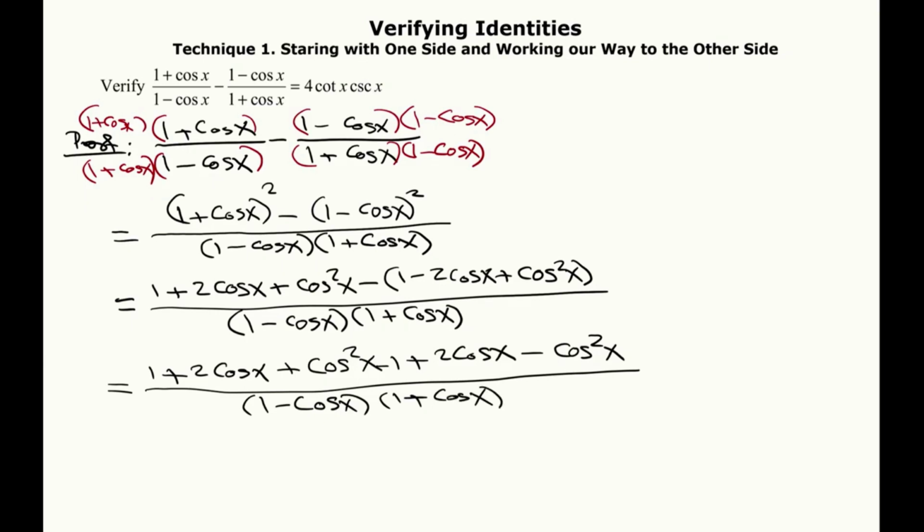Okay, so now we notice there's quite a bit of cancellation here. The 1 and the minus 1, the cosine squared x and the minus cosine squared x. So we're left with 4 cosine x.